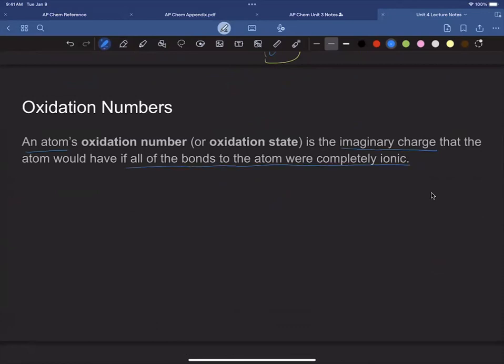So this is basically saying, if that atom were to engage in an ionic compound, what charge would it usually have? So for oxygen, we saw that it usually becomes O2- because it has 6 valence electrons, so it gains 2 more, right?